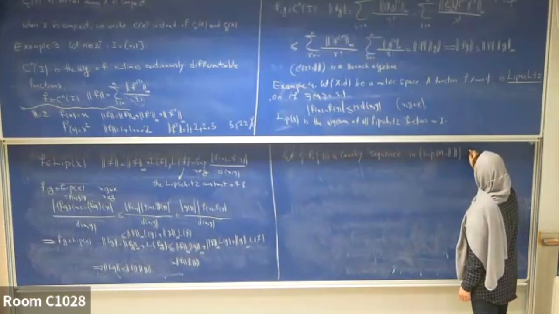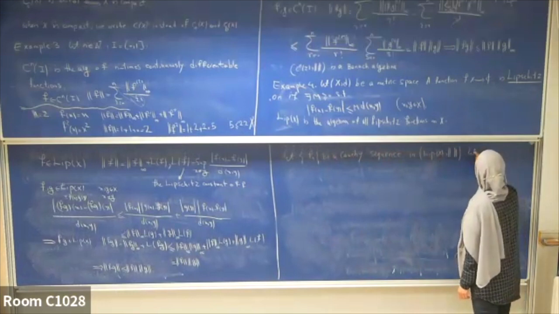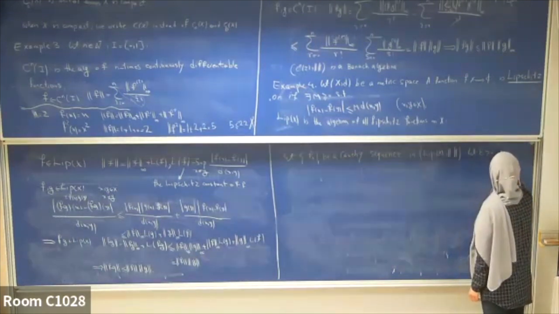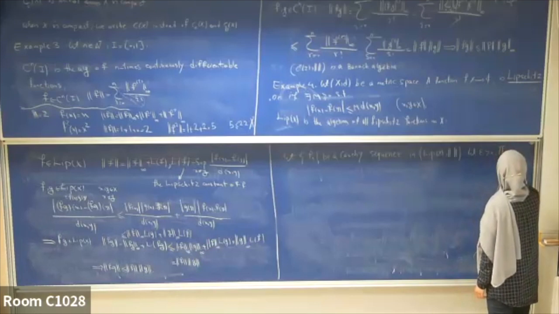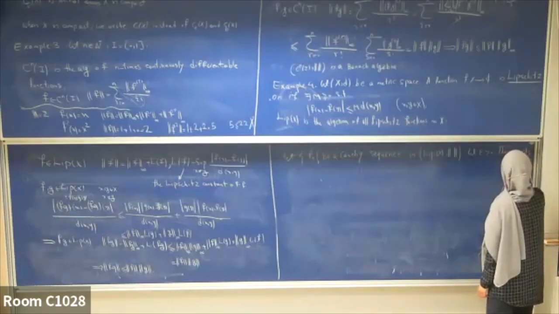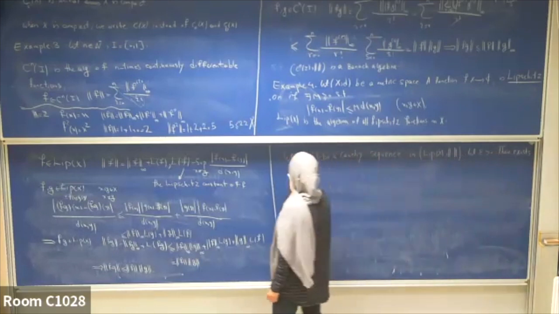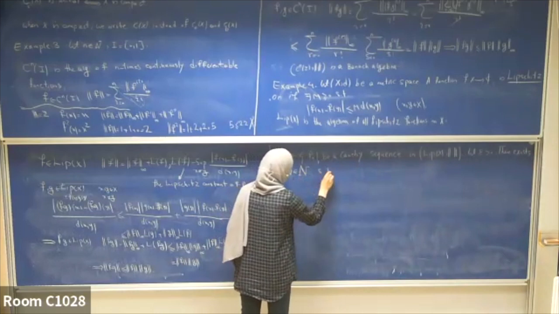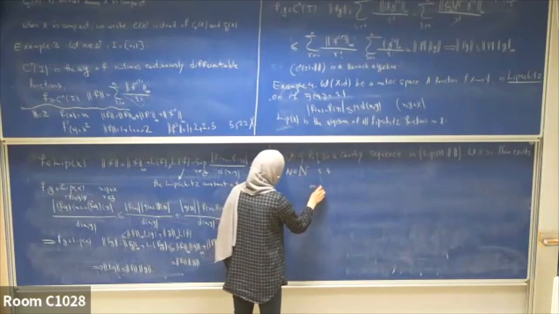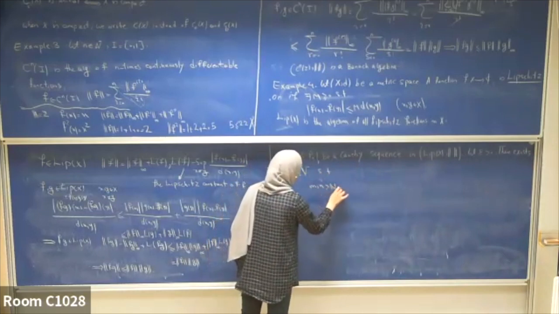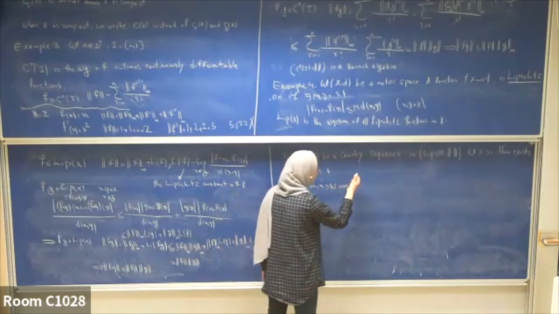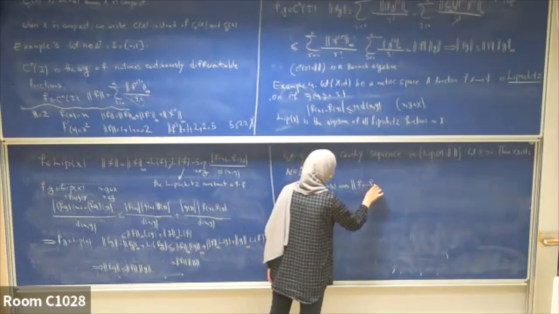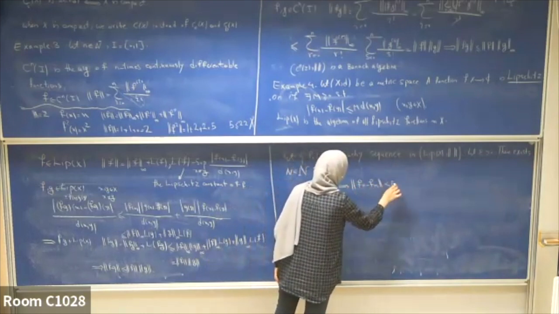So for each epsilon, there exists a natural number N such that for each m and n greater than N, according to the definition of a Cauchy sequence, the norm of f_n minus f_m is less than epsilon.